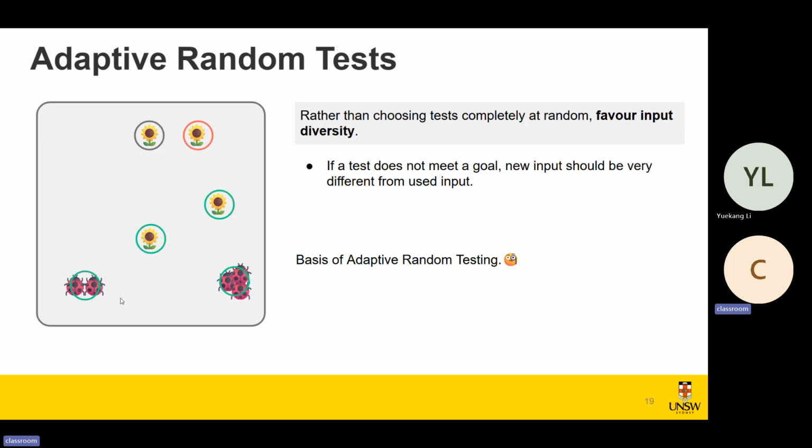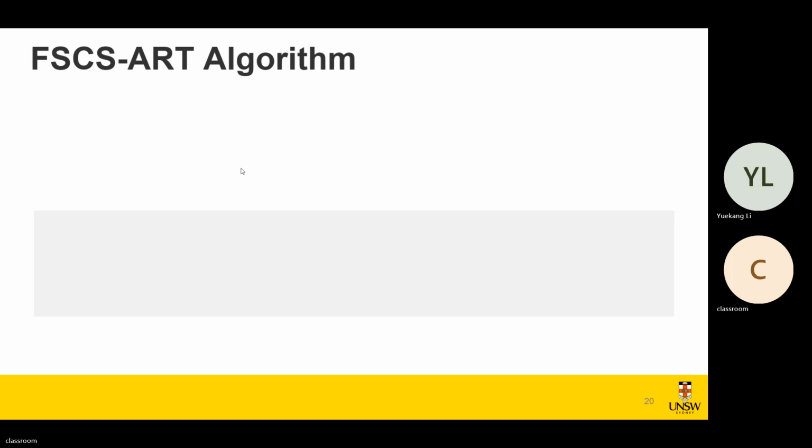You can see from this figure that it's more likely for us to find bugs if we try out more diverse inputs, because the bugs are very sparse in the input space. So this is the basic idea, and there are some algorithms to implement it.